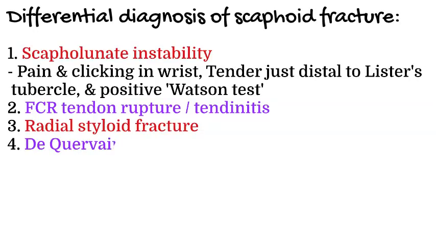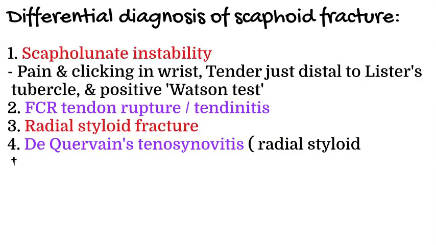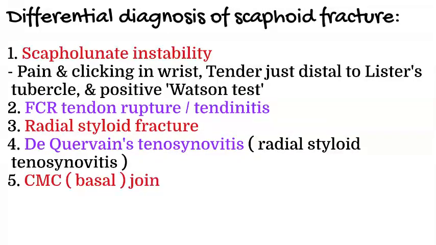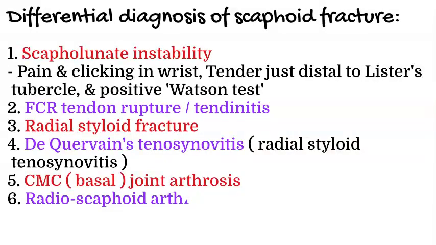Number 3, radial styloid fracture. Number 4, de Quervain tenosynovitis or radial styloid tenosynovitis. Number 5, CMC, carpometacarpal or basal joint arthrosis. Number 6, radioscaphoid arthrosis.